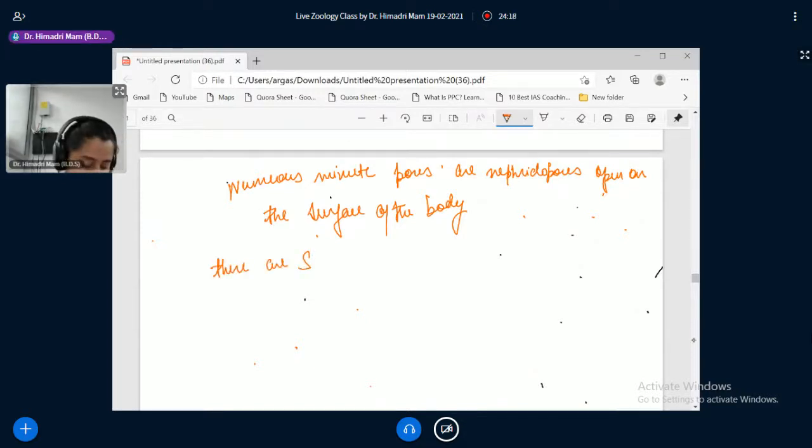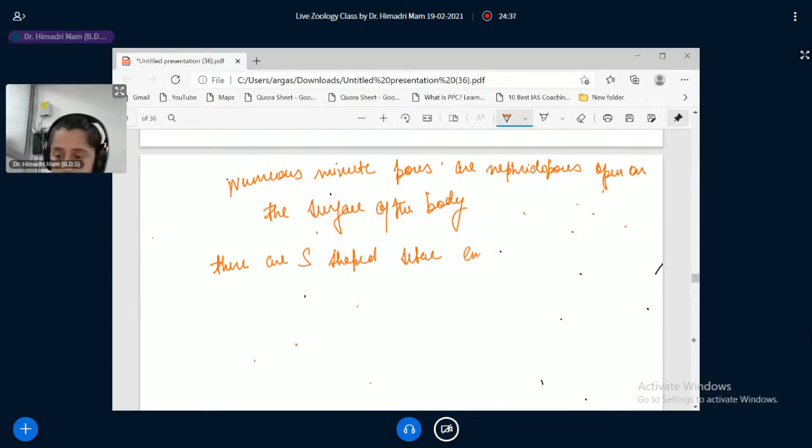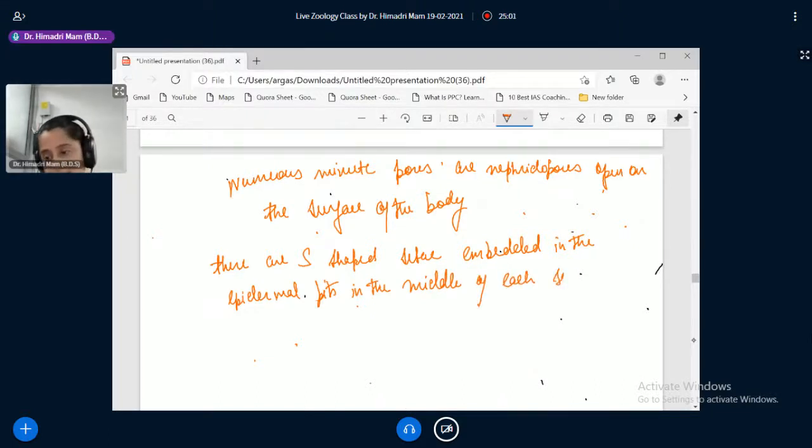Now there are S-shaped setae embedded in the epidermal pits in the middle of each segment.